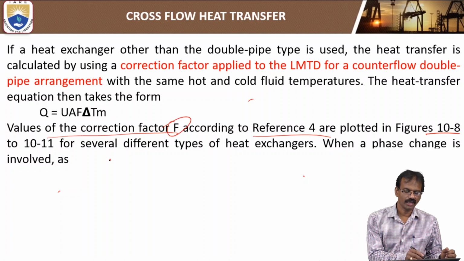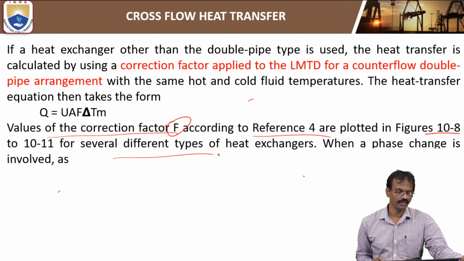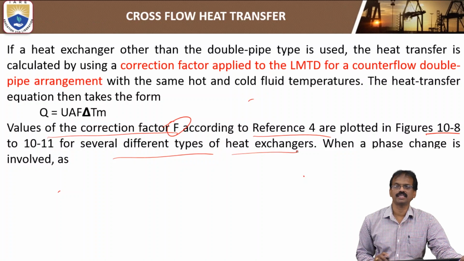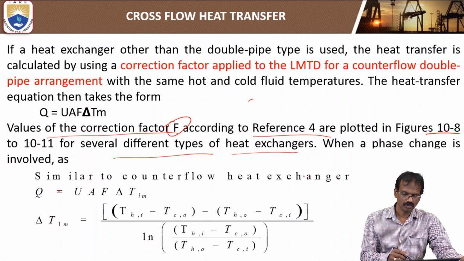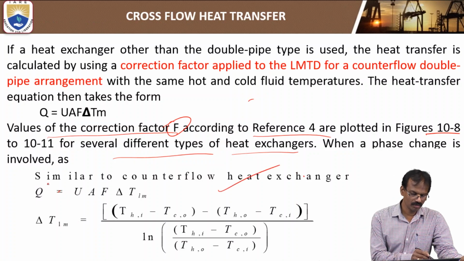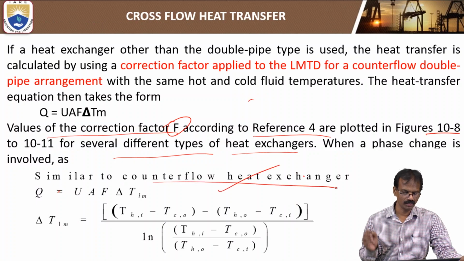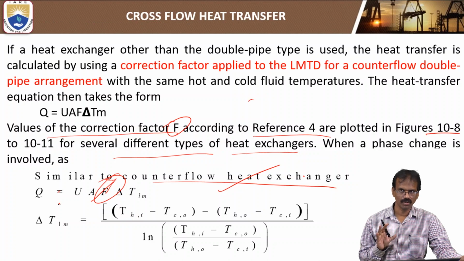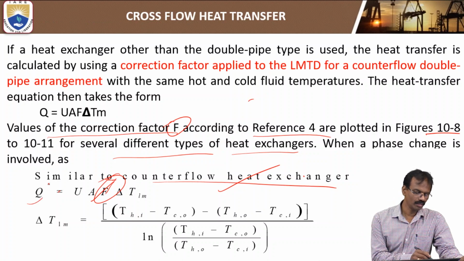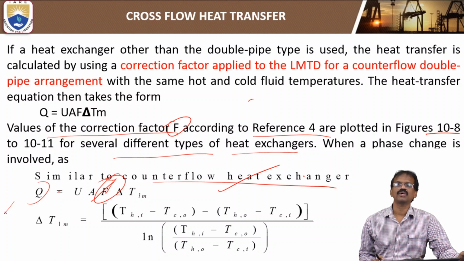Okay. So for several conditions, figures are given here for several different types of heat exchangers. Okay, we'll see first of all. This one I already explained. This is very similar to counter flow heat exchanger except F, the correction factor. If you add this correction factor to the formula of counter flow heat exchanger, then it will become the formula of cross flow heat exchanger.